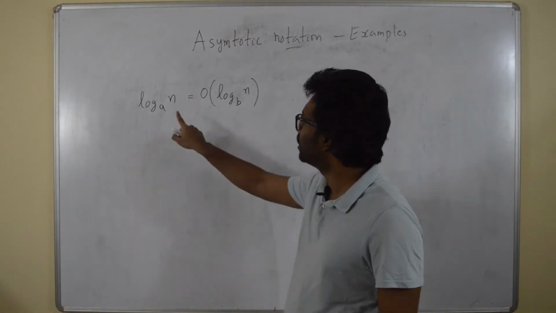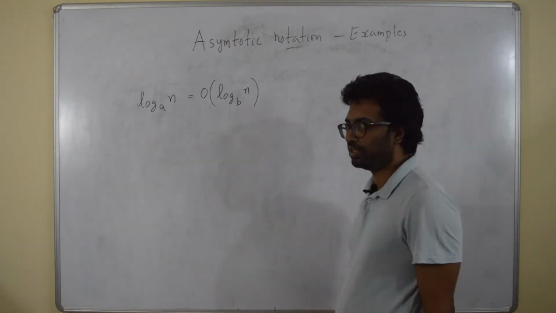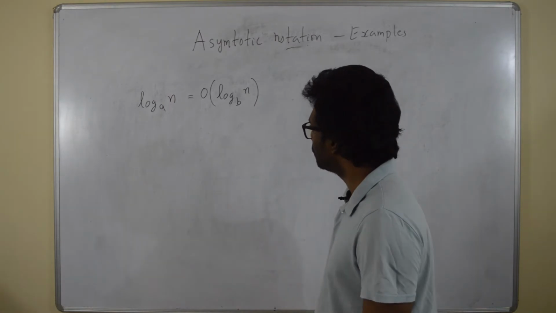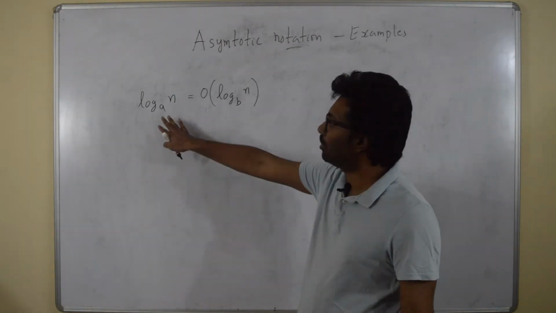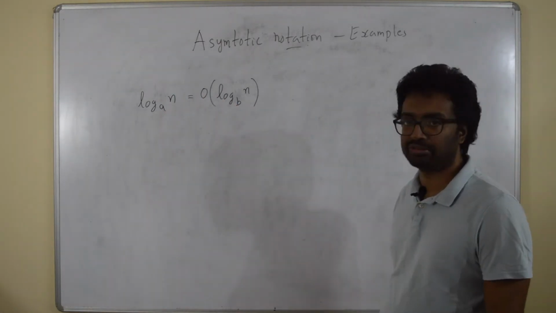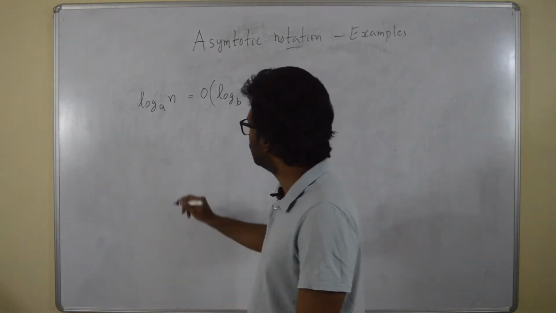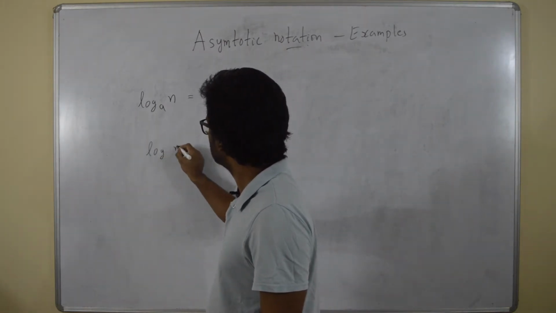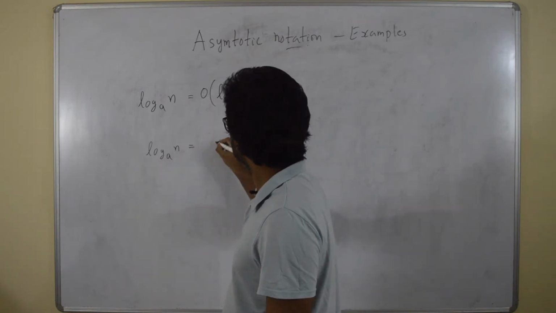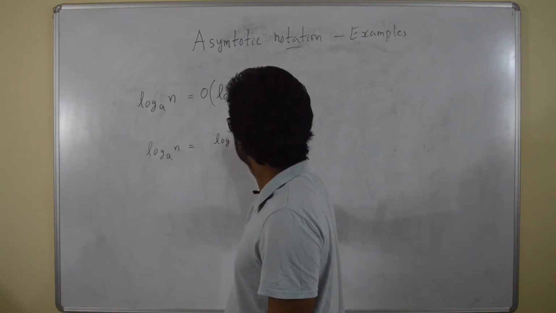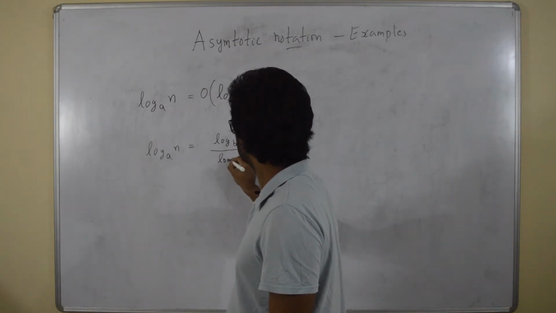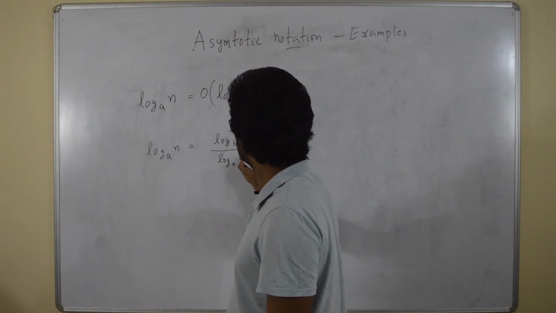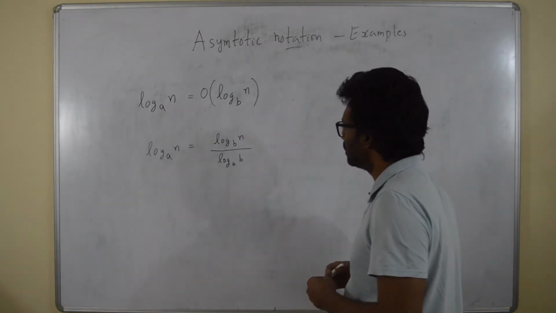Okay, what I'm going to do is use change of base here. I'm going to write log n to the base a in terms of log n to the base b, and here's how I will write. Is this correct?